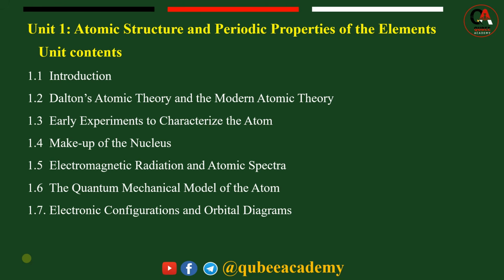Wantoota gurguddoo kana kaasnee ilaalla jechaadha. Kanneen kana keessaa mee har'aaf qabxiiwwan jalqabarra jiran lamaan kaasnee ilaallu, which is introduction parts and Dalton's atomic theory as well as modern atomic theory.